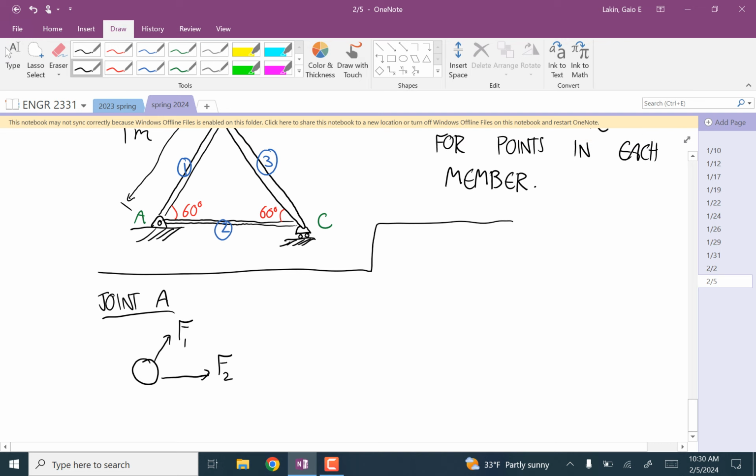And then the truss is connected to the ground by a pin joint. So we don't know the direction of that force. So I'm going to put that in as an unknown force vector, and I'll just call that the reaction at A. Okay.